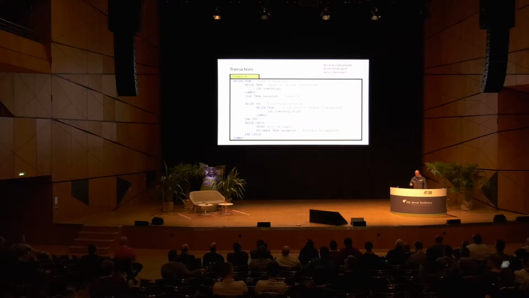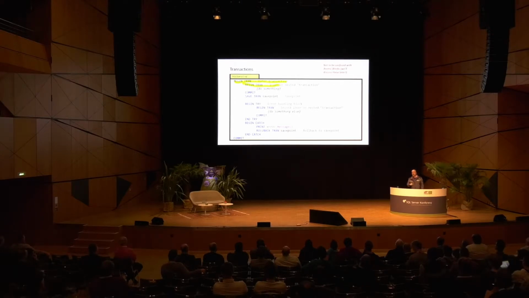Right, so let's delve into this transaction definition here. So at the top, we've got our outer transaction, our begin tran. Now, I'm going to prove to you that there is no such thing as inner or nested transactions.